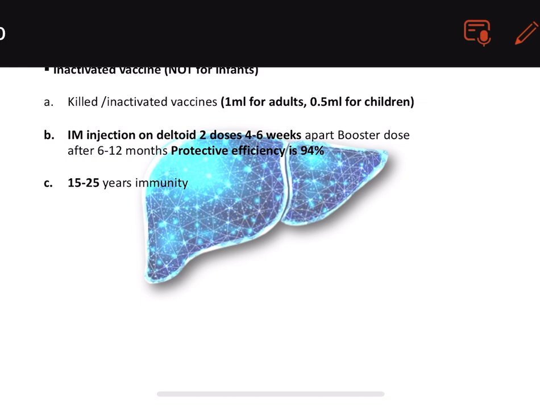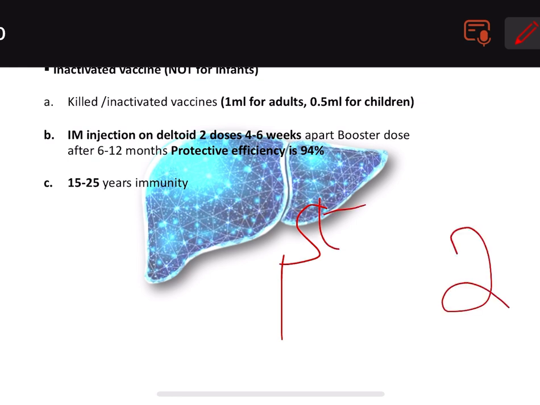So if these two vaccines are carried out, the primary dose and the secondary dose should be 4 to 6 weeks apart, and the interval between these 2 doses is 6 months or 12 months. Okay, let me just write it down.